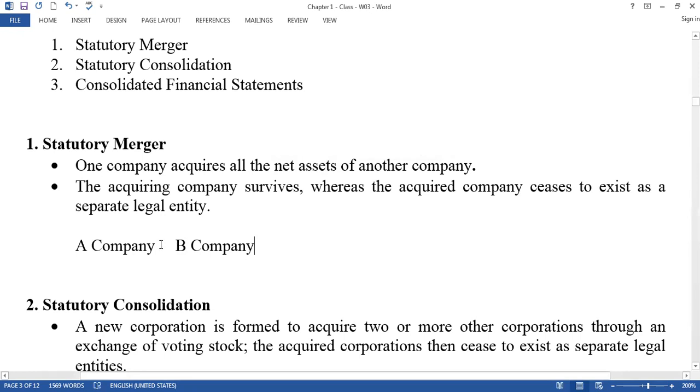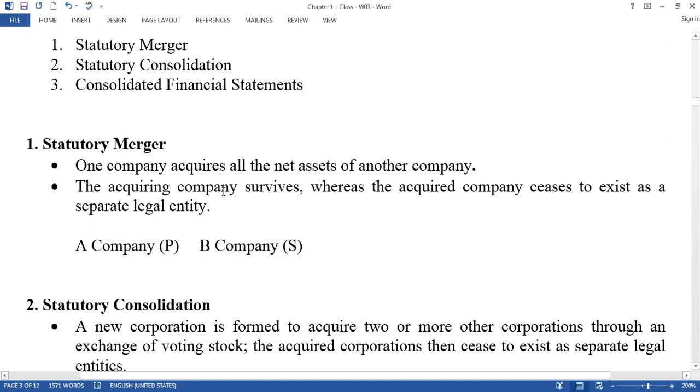For example, A company is the parent company and B company is the subsidiary company. So one company acquires all of the net asset of another company. A is the parent company and B is the subsidiary company.